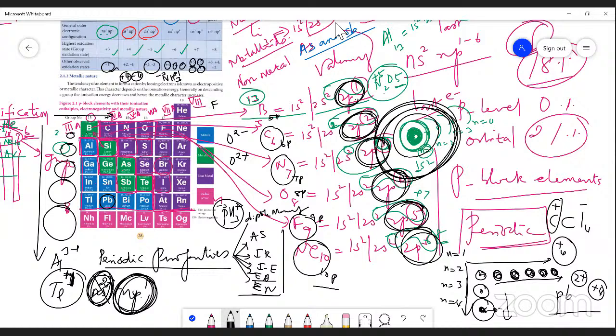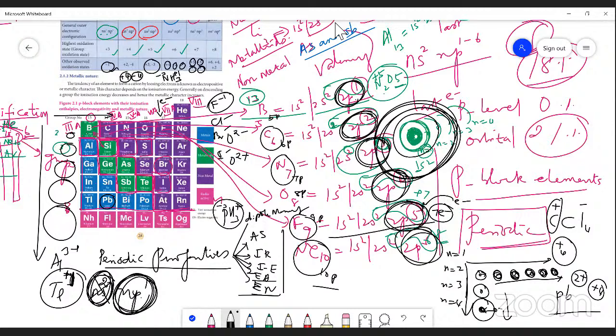Look at the electronic configuration of fluorine: 2s2 2p5. So 7 electrons are present in its last level, so it is going to gain 1 electron and attain the octet. This whole family gains 1 electron to attain the octet.